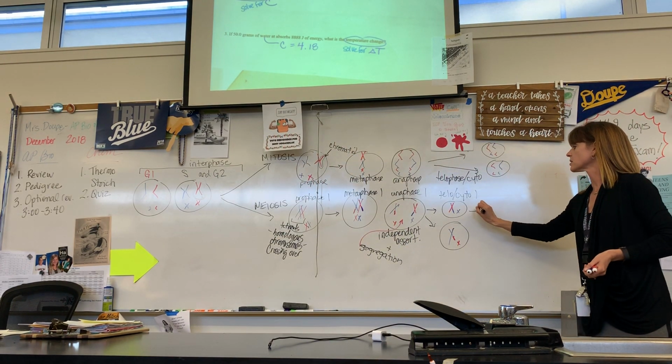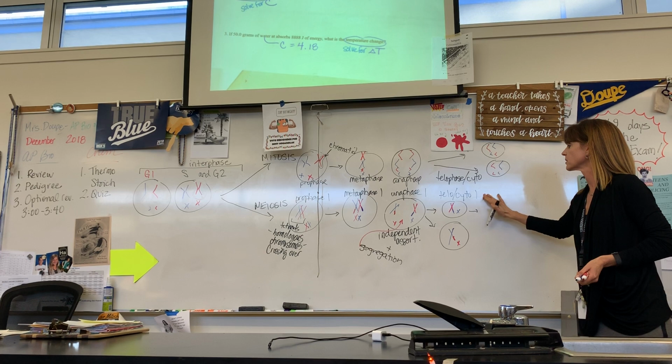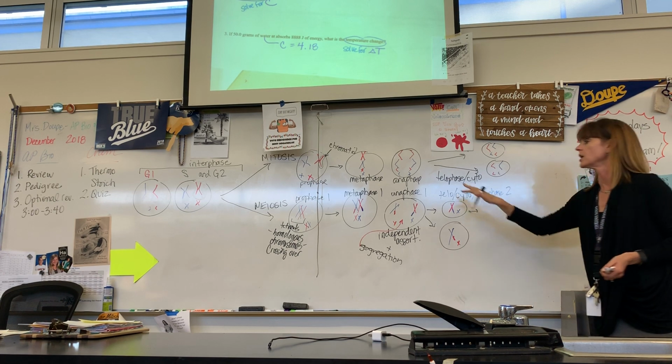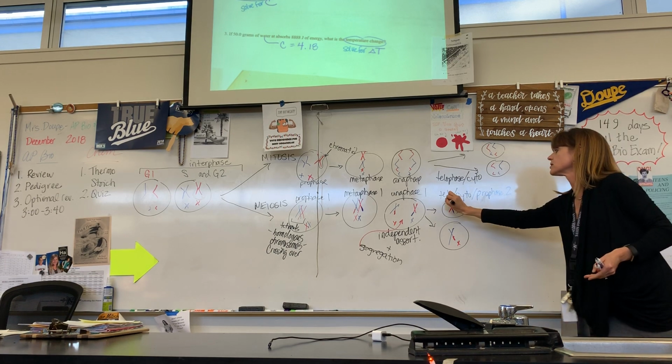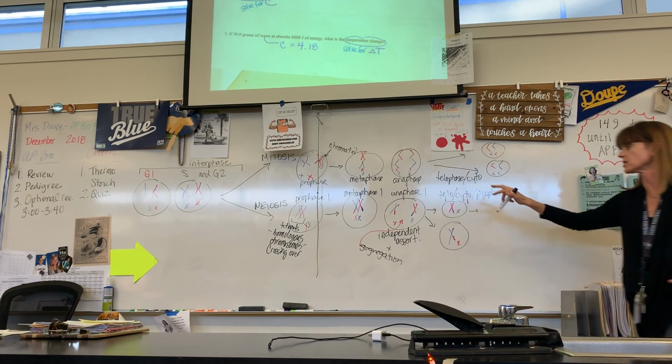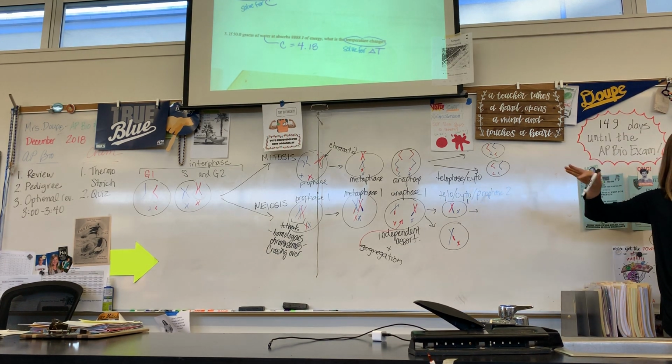If we follow these, let's do cytokinesis and prophase. Nothing looks any different in prophase 2, so I'm not going to draw it again, because it uncoils and recoils, but nothing changes for prophase 2. So telophase 1, cytokinesis 1, and prophase 2 all look kind of the same.